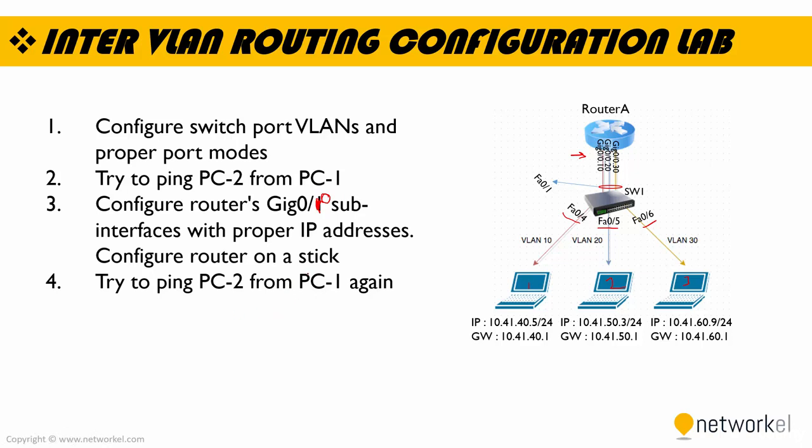And let's go. First, I'm gonna make the configuration of the switch. I will create VLAN 10, 20 and 30, and I'm gonna attach Fast 0/4 to 10, 0/5 to 20 and 0/6 to 30, and these guys will be switch port mode access.